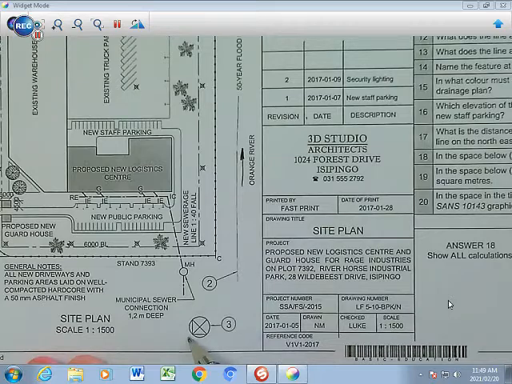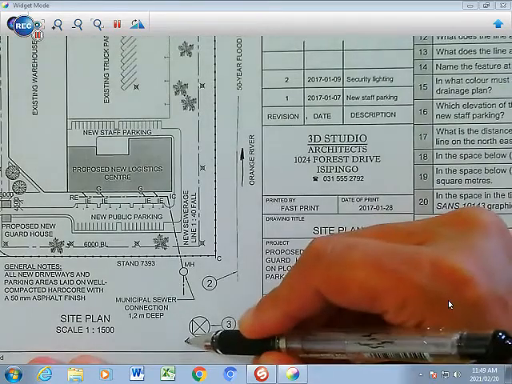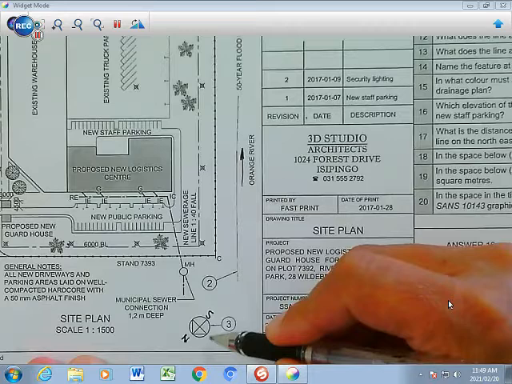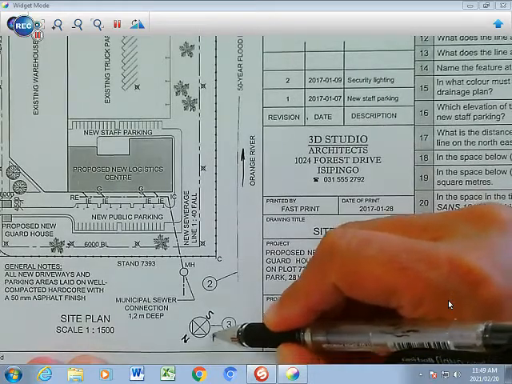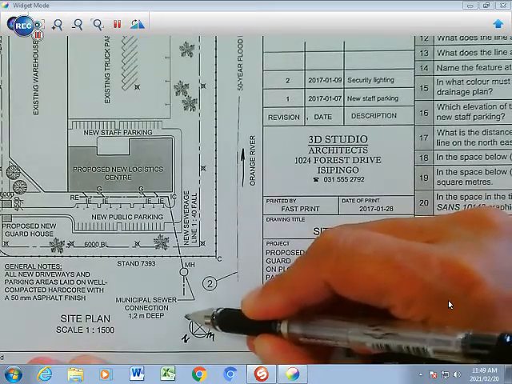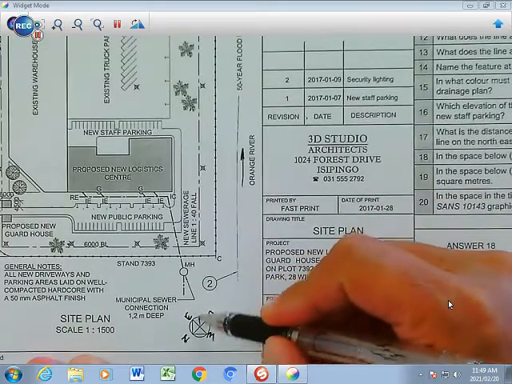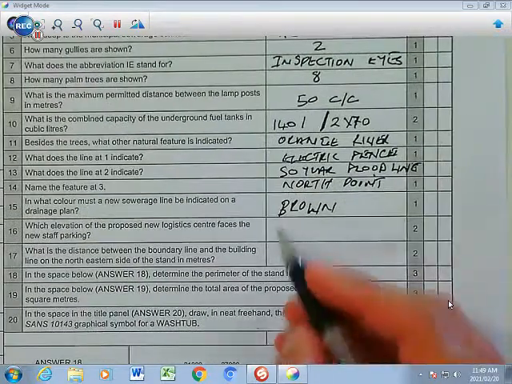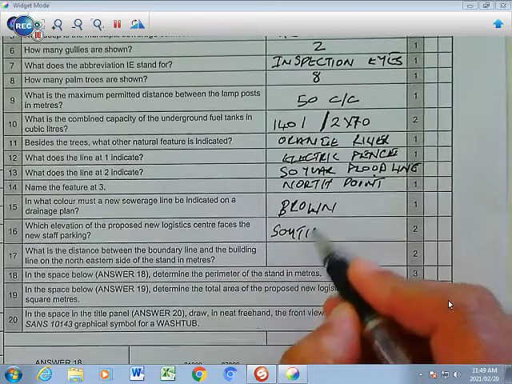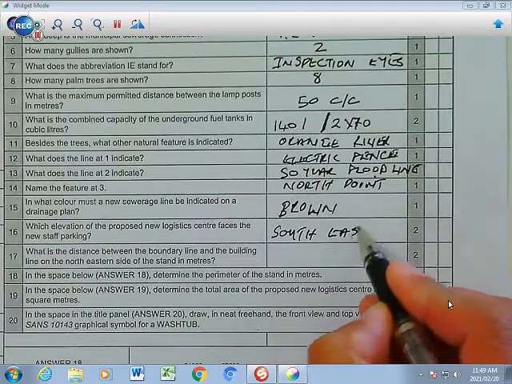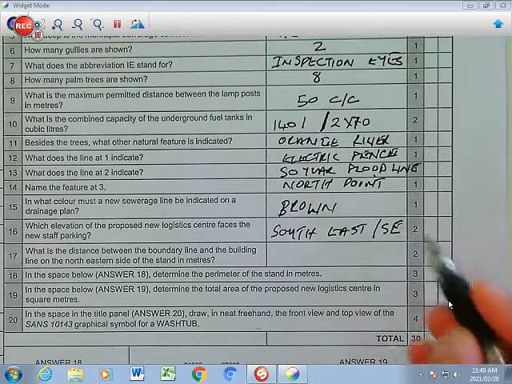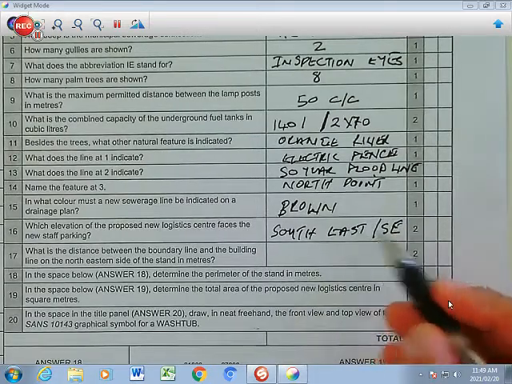So if that is north there, this is your south, that now becomes your west, and that becomes your east. So it is going to be in that direction there. It is between south and east. So the answer is going to be southeast. You're going to write in the southeast, or you can write SE, would suffice as well.